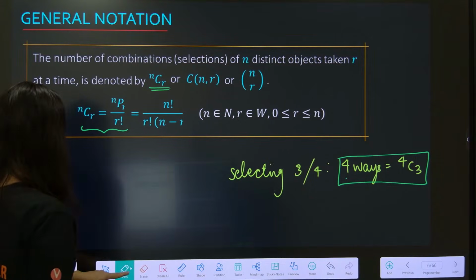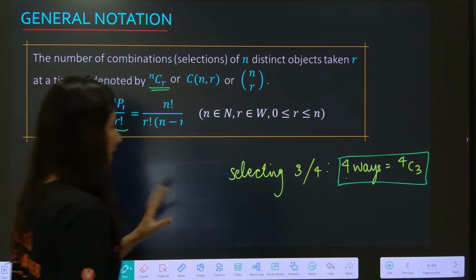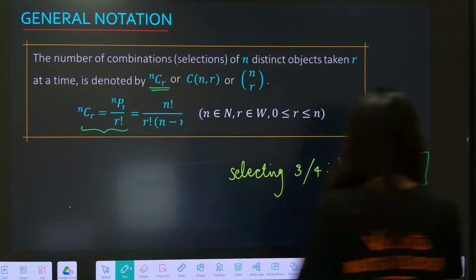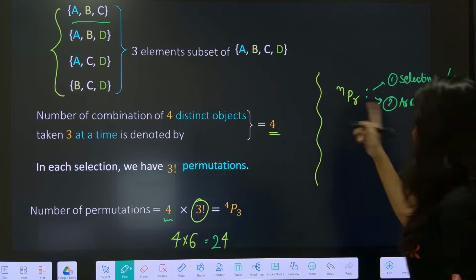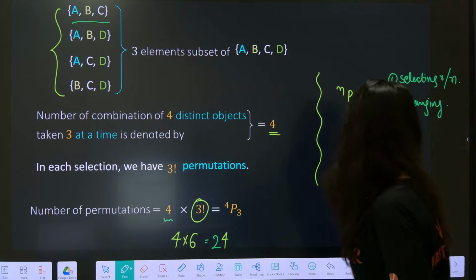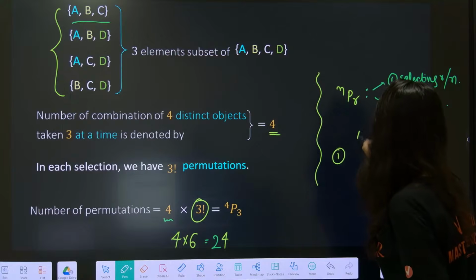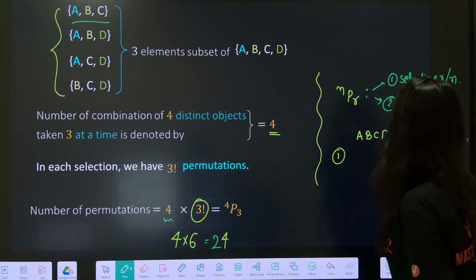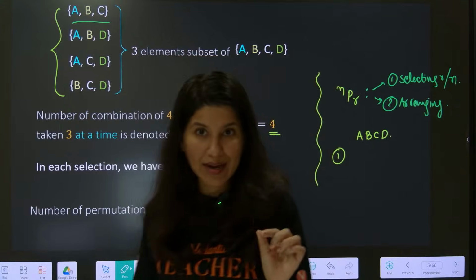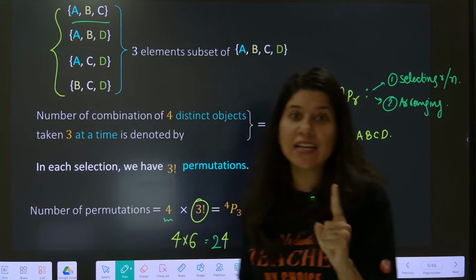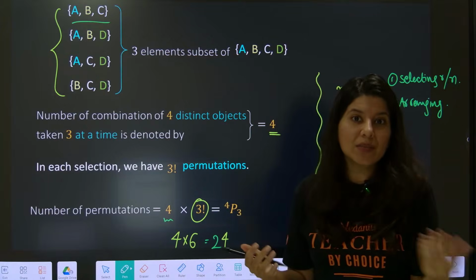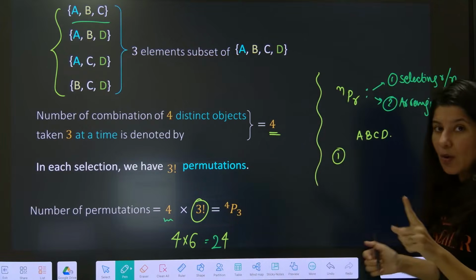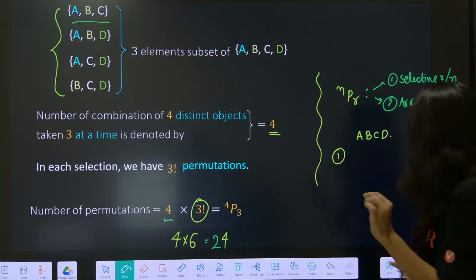NCR is selection, right? NCR is selection. So let me go back. I told you that NPR is selection and arrangement. So in the first case, you have ABCD. Understand this very, very nicely. This is nothing but a relation between NCR and NPR. Now if you are just selecting, can you see this?